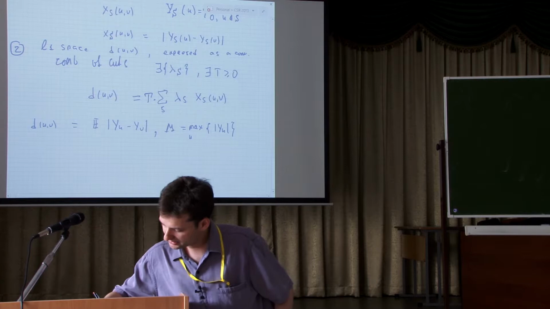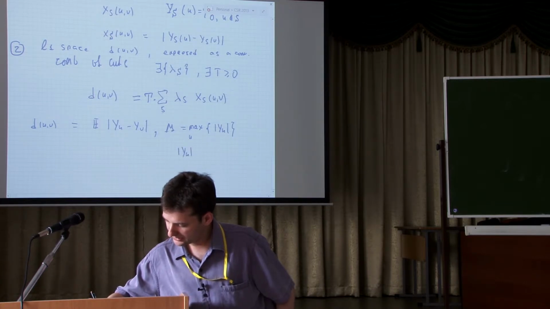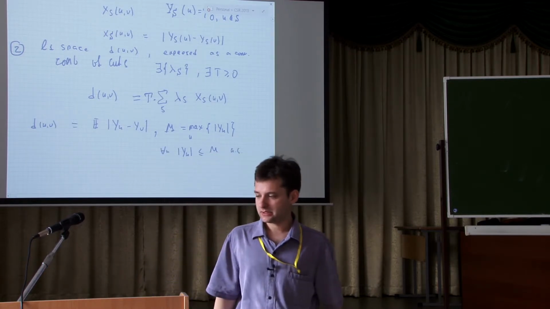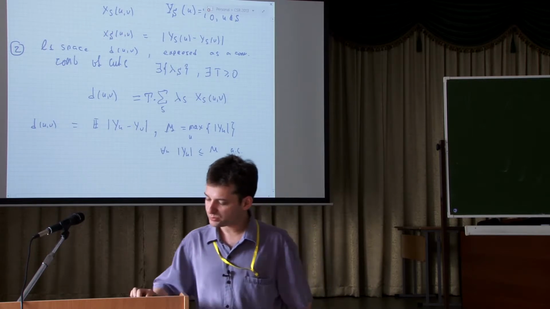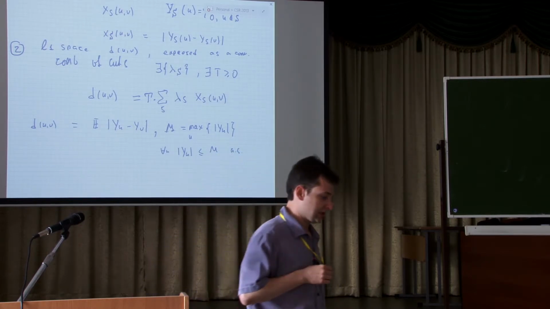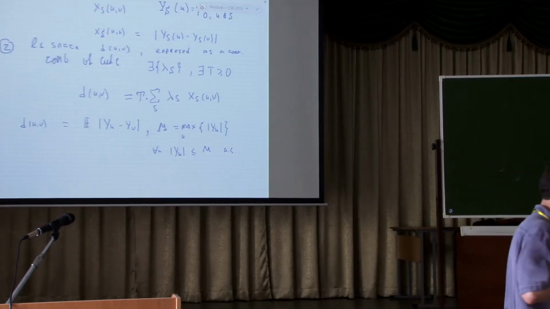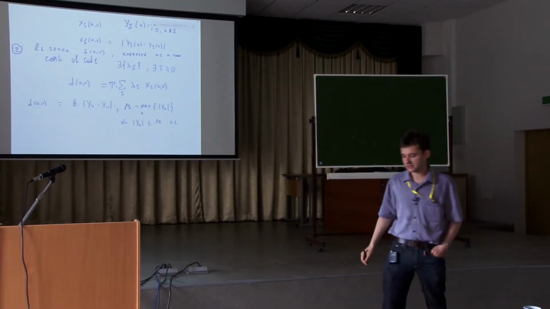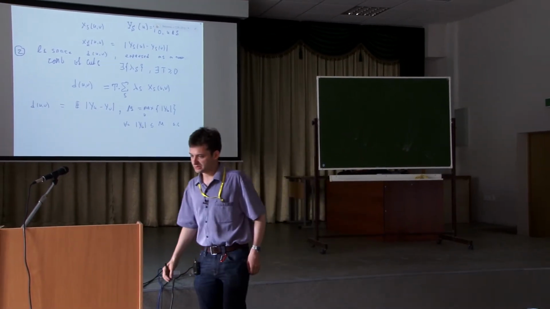So it means that y sub u is less than M for every u, almost surely. Now we'll define a new random variable corresponding to cuts.